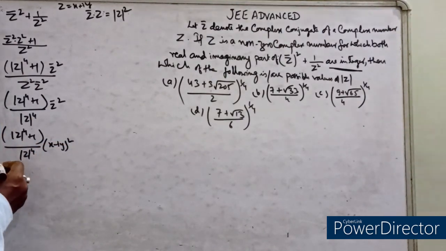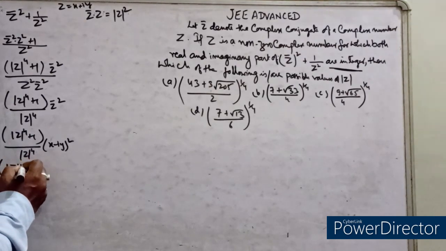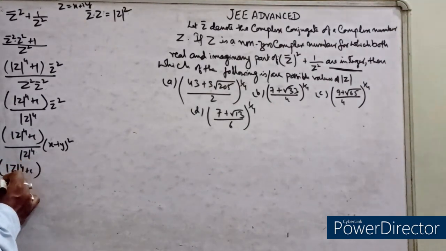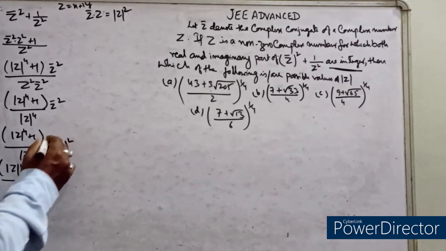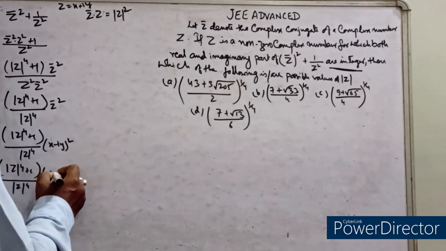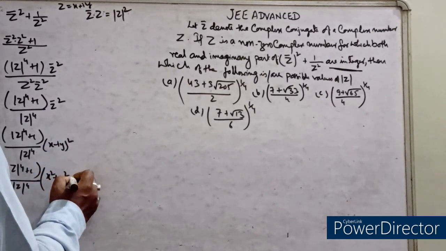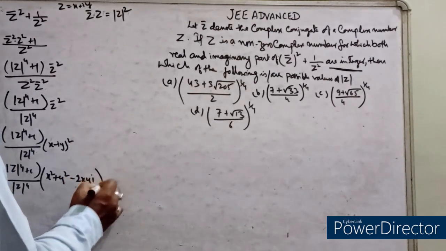So here you are going to get x square plus y square minus 2xyi.